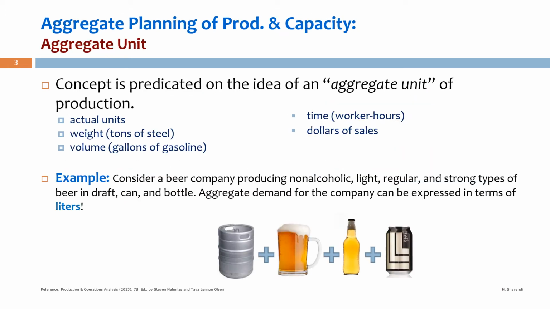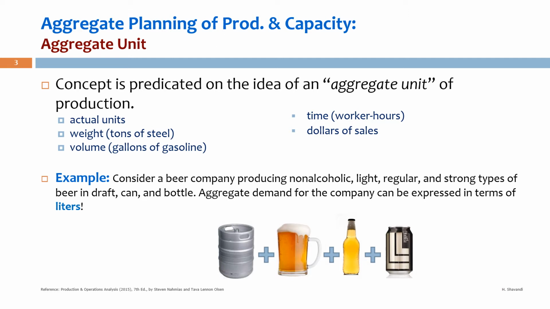So in the aggregate plan, since we are going to combine different types of products in a product line, the individual items may be in different shapes or different types and so on, but we are going to combine them in a group as a product line and then prepare the plan for that product line.